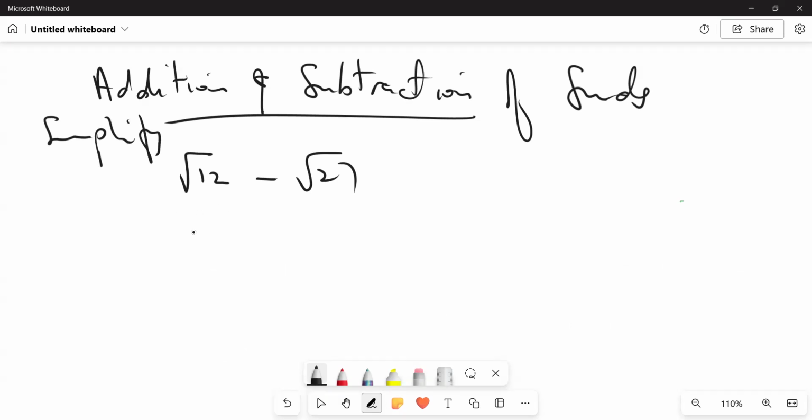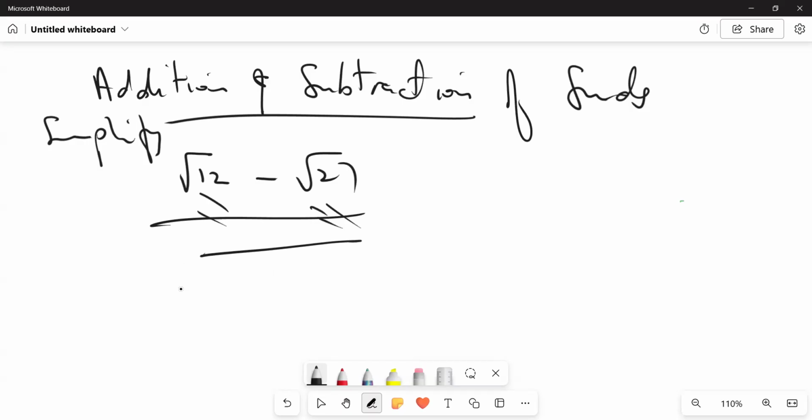You look at this and say, no way. These two surds are different, so you can't just subtract them, right? But what you could do is see if you can break down 12 and break down 27 to see if the two surds can have a common surd inside.